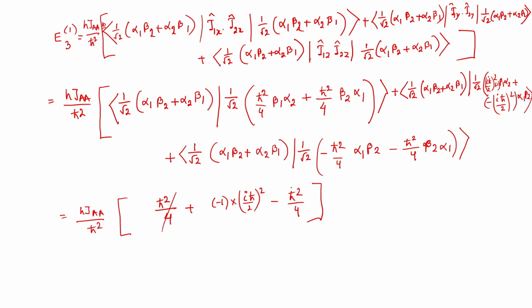So this and this will get cut, and h J by h cut square actually into, and here this thing is also there, so this is going to be minus 1 into i h cut, also going to be minus h cut by 4, right? So minus minus cut, so actually it is going to give you the same thing, hJAA by 4.